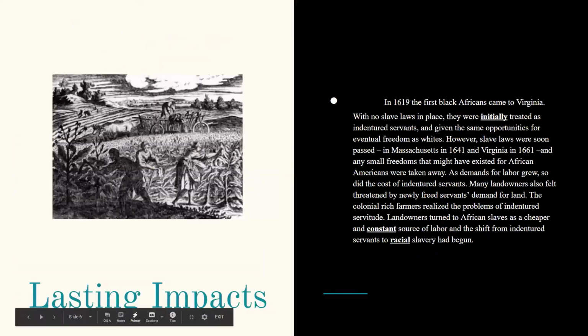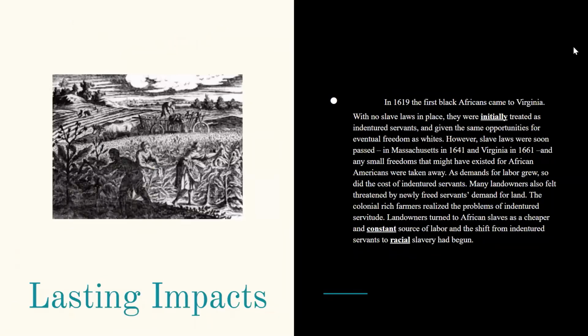Okay, so here are the lasting impacts. In 1619, the first Black Africans came to Virginia. With no slave laws in place, they were initially treated as indentured servants and given the same opportunities for eventual freedom as whites. However, slave laws were soon passed in Massachusetts in 1641 and Virginia in 1661, and any small freedoms that may have existed for African Americans were taken away.